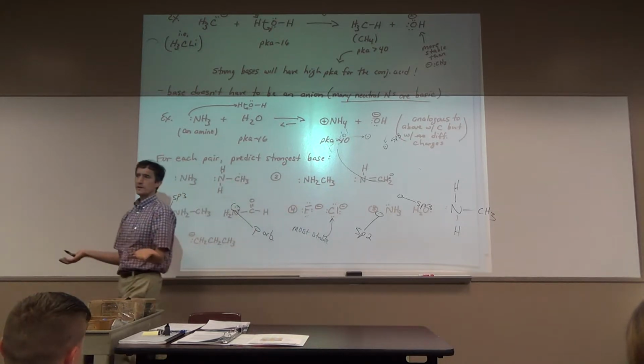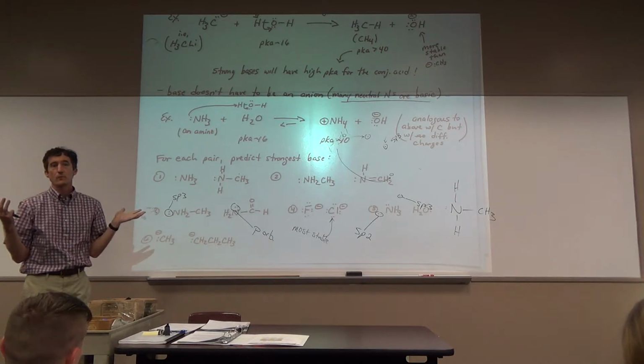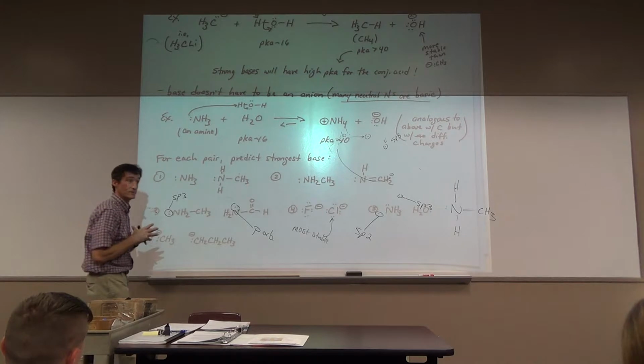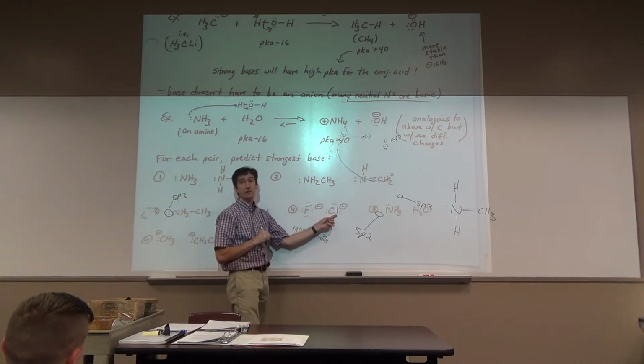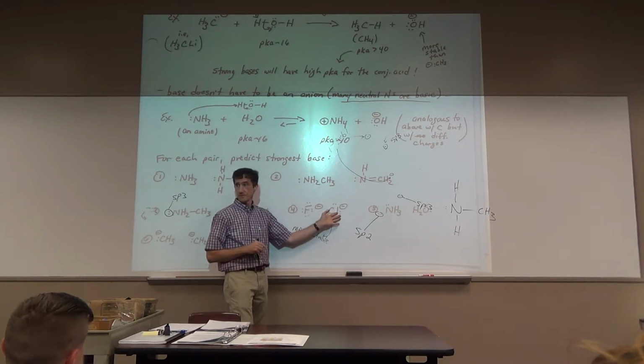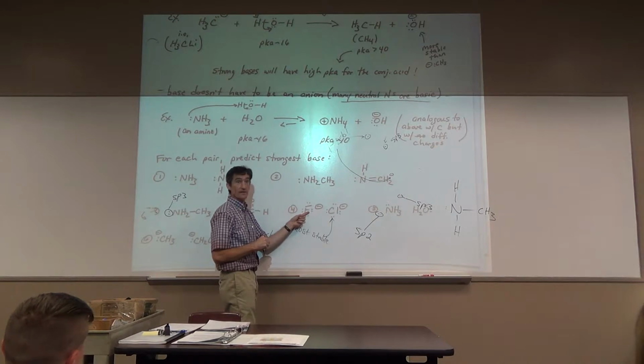So, which one is happy and not interested in protons? Which one is more wanting to go back to neutral? More stable is not going to want to grab the proton. It's very happy just sitting on the couch. It's very stable. This guy wants to go back to neutral because it's not as stable.